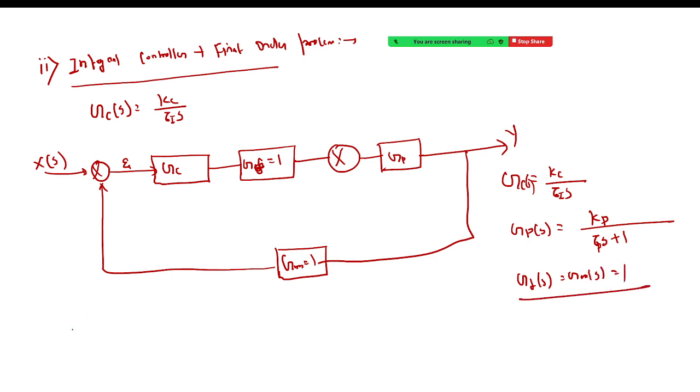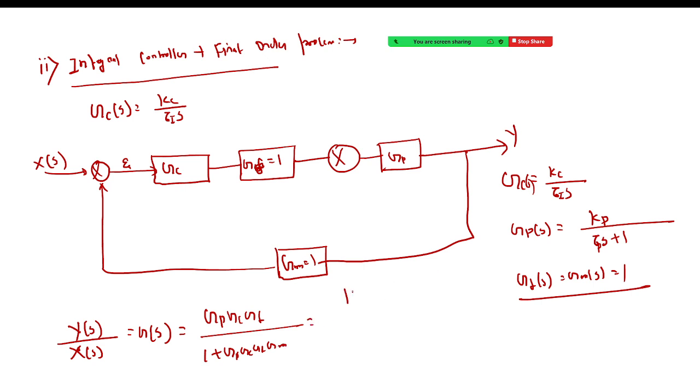With this I'll get Y(s) upon X(s), the closed loop transfer function, equal to GP GC GF divided by 1 plus GP GC GF GM.